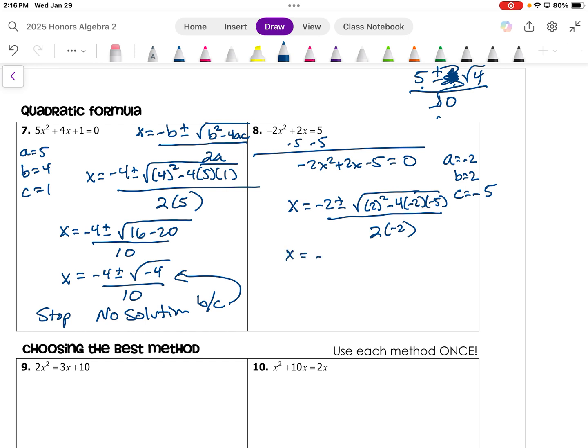X equals negative 2 plus or minus square root 4. Now, a negative times a negative times a negative is a negative. 4 times 2 is 8 times 5 is 40. That's over a negative 4. This is where I should be thinking, okay, I have a negative on the inside. I get to stop and say no solution.